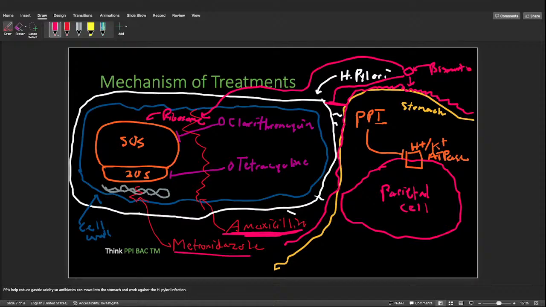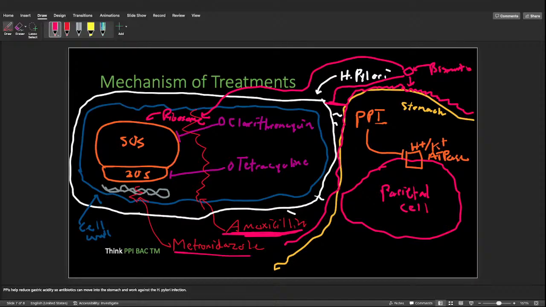And it also works, it's like a secret weapon, against the cell wall of that bacteria. So it breaks up the cell wall as well, disrupting it from synthesizing.